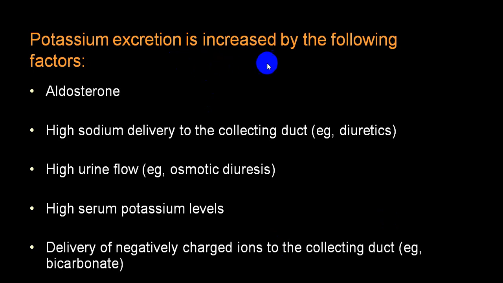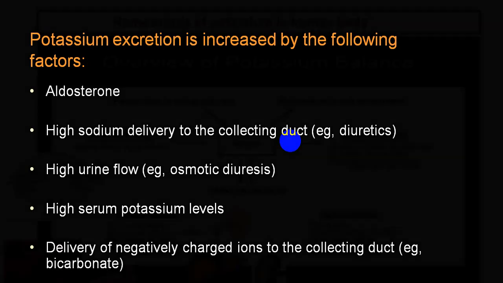Potassium excretion will be increased by aldosterone, high sodium delivery to the collecting ducts like in loop diuretics and osmotic diuretics, and also if the person has a high serum potassium level, as well as if there are negatively charged ions like bicarbonate, then also potassium will be lost. Example, metabolic alkalosis.